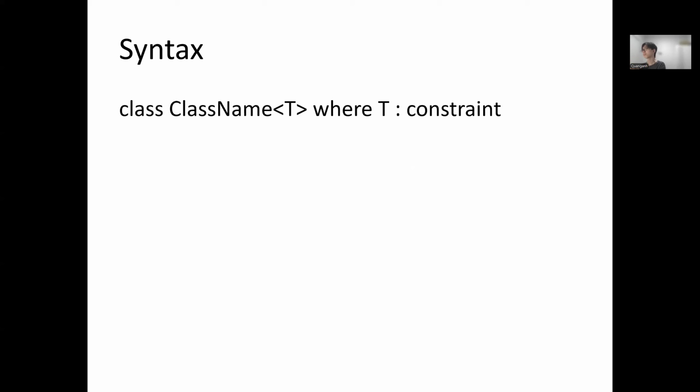But what if we choose a data type like a person? This is class Person, and inside the person we have two attributes, age and name. But the problem is that we don't have a constructor.